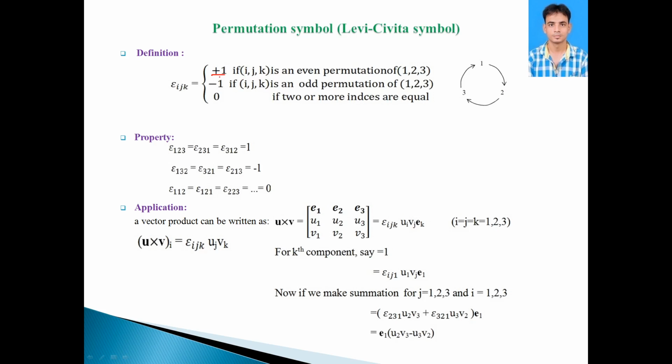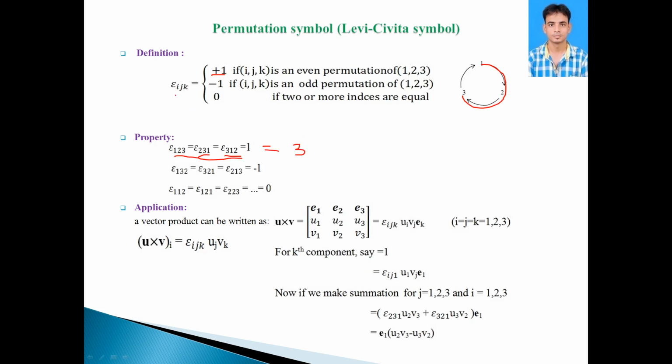Even permutation means like this: 1, 2, 3 in clockwise direction, 2, 3, 1 and 3, 1, 2. So these are the 3 even permutations, and you will have 3 components.